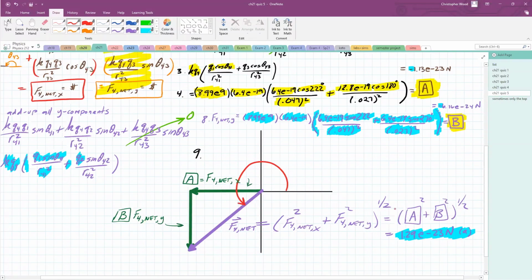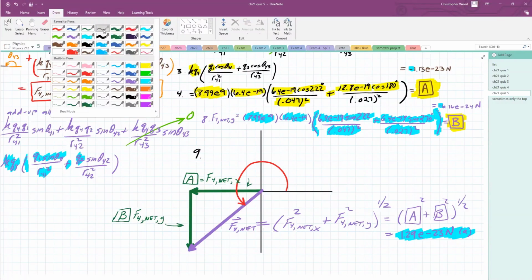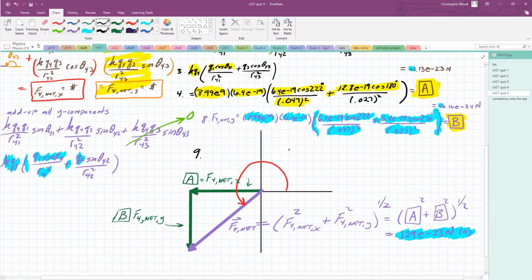Okay, that's the angle. So for that, I guess I'll call this step 10. Theta 4 angle. I'm going to call this angle right here theta.